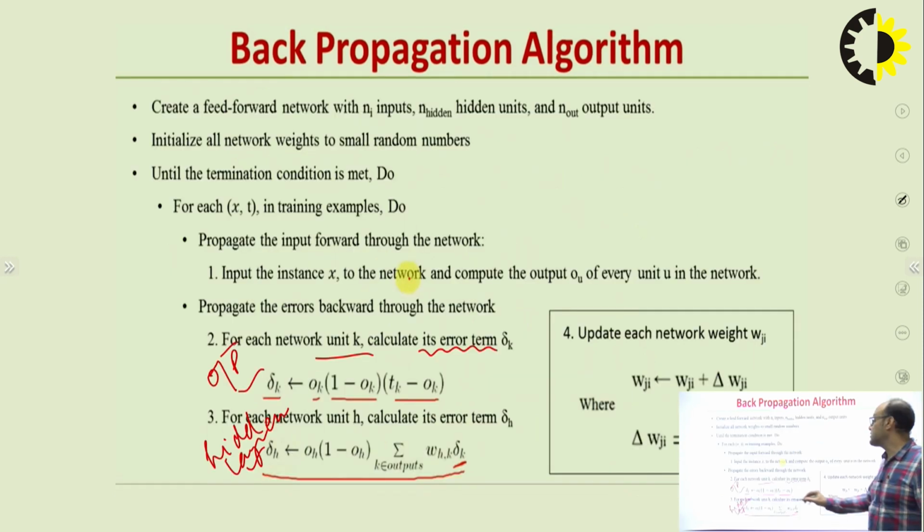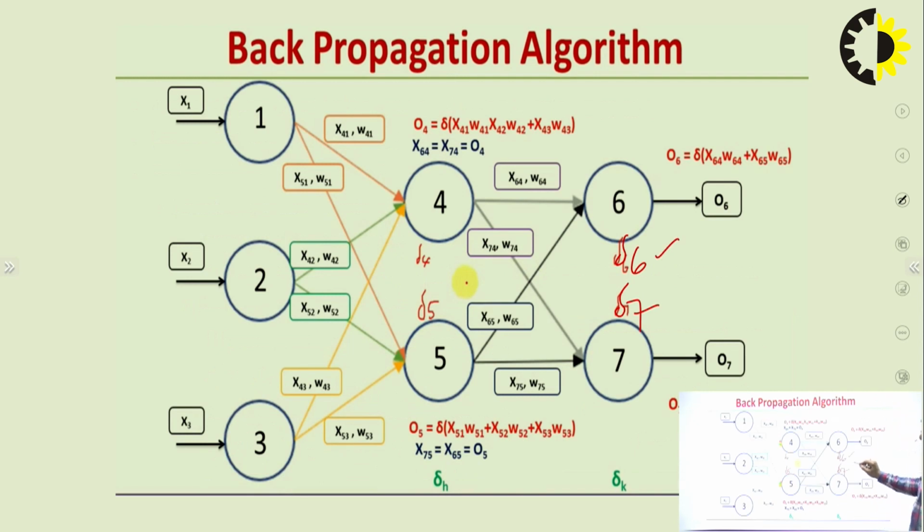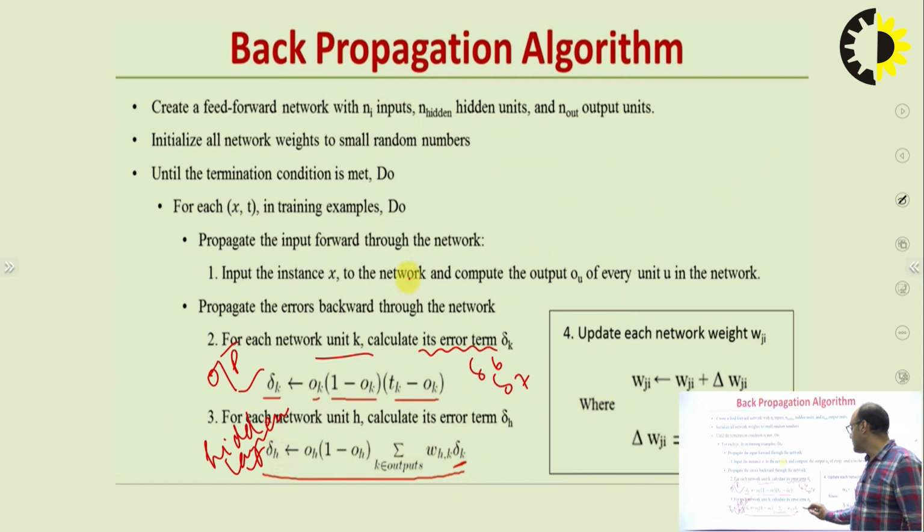Using what equation? Here, delta k. How many output units are there? Two, so we will calculate delta 6 and delta 7. Then for the hidden layer, delta 4 and delta 5 will be calculated, and for the hidden units we will use this equation.